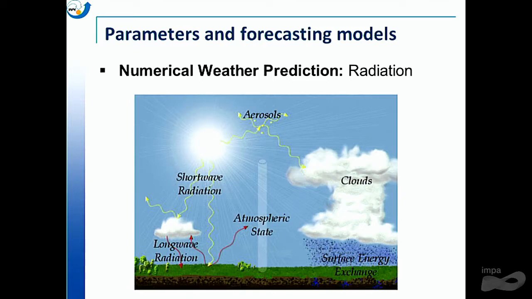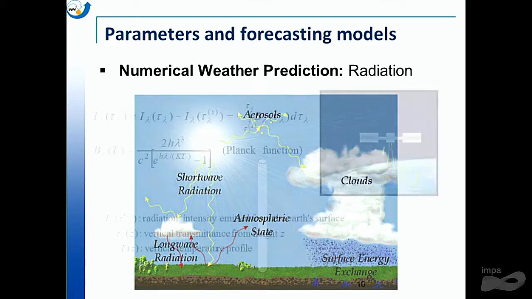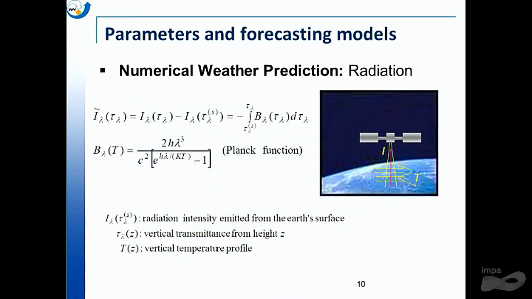Okay, and so supposing that we are trying to identify the temperature in this column here, one way to address this problem is to consider the atmosphere with different layers, and each layer has a different temperature. And the radiation here depends on the Planck function.